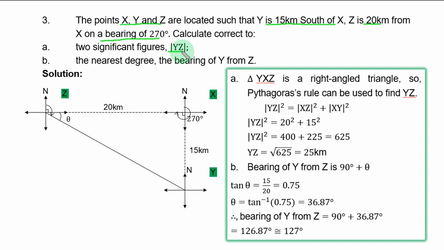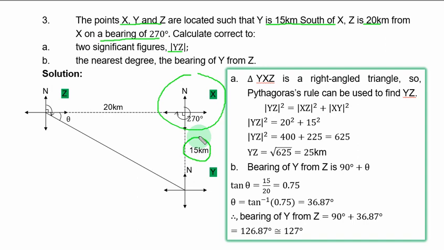Solution. Looking at the question carefully, you observe that Y is south of S and Z is from S and the bearing is 270. So this is the best position for S, so that south of S is down. That is where Y is located, and the distance is 15 kilometers.